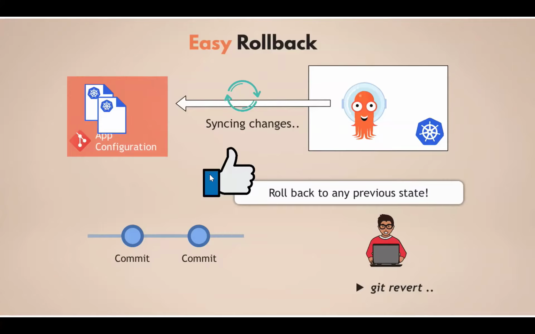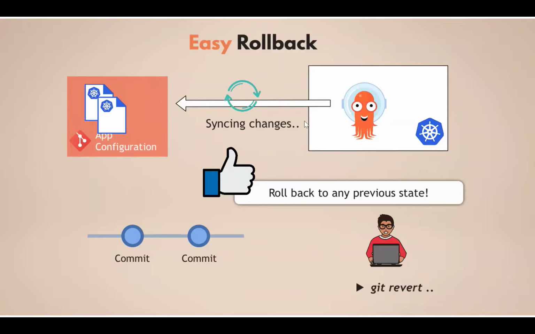Imagine if all these things you have to do manually. It is a very hectic task. Or if both the source code and the app config file are residing in a single repository, then if you do the rollback, all the changes in the source code also get reverted, right?